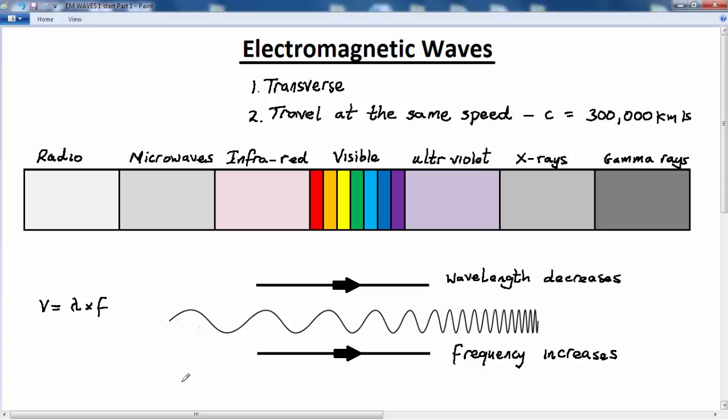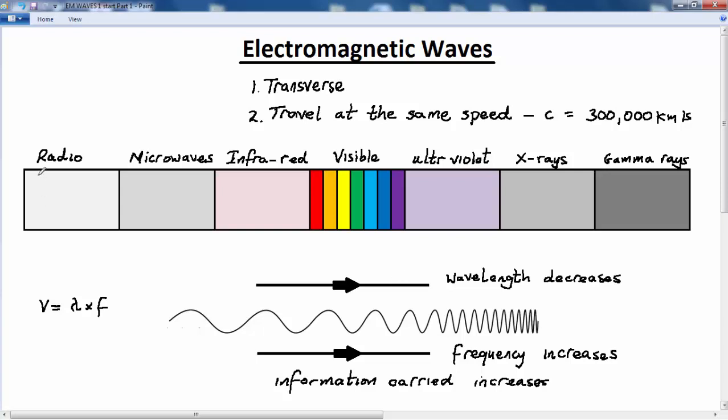So we can say that as the frequency of the wave increases, the amount of information that it can carry increases as we move this way. In this part we're going to look at radio, microwave, infrared and visible, and then in the next part we'll look at ultraviolet, X-rays and gamma rays. We're going to look at their uses and also have a look at their dangers.